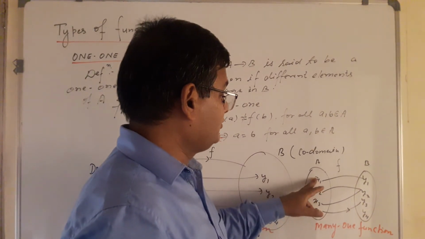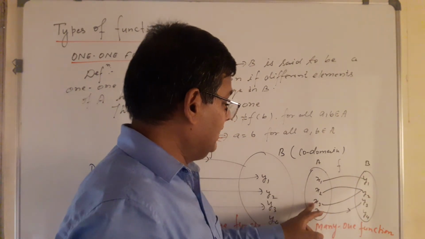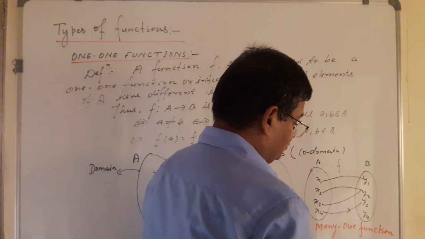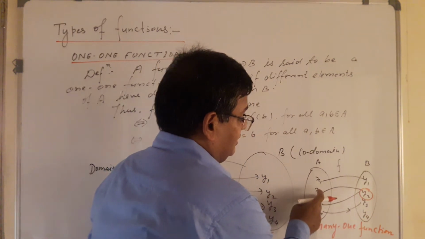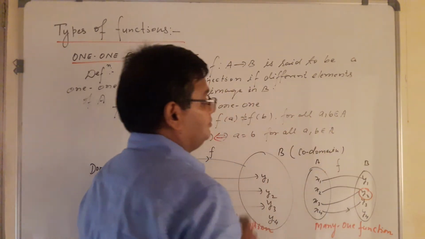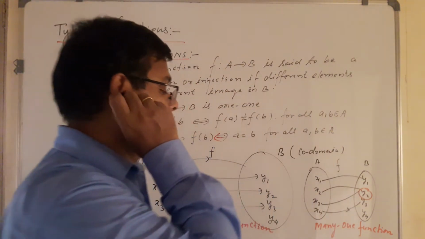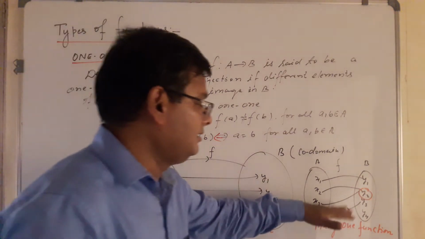See here, x1 image is y1, x2 image is y2, and x3 image is also y2. So y2 has two images: x2 image is y2 and x3 image is y2. So it means this is a many-one function.